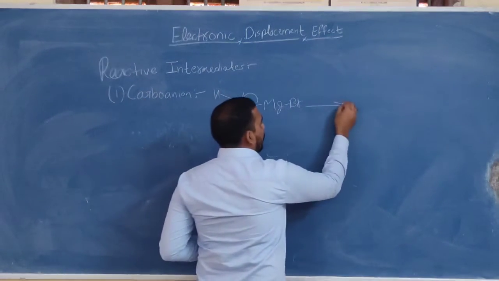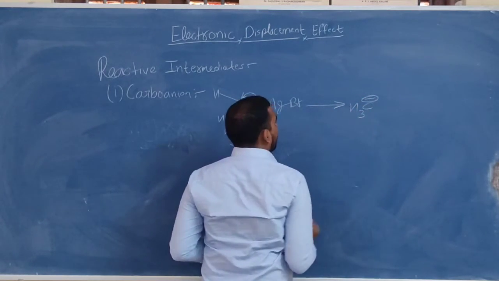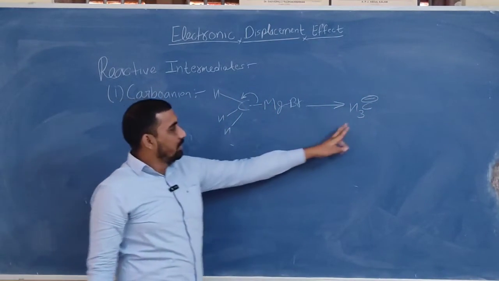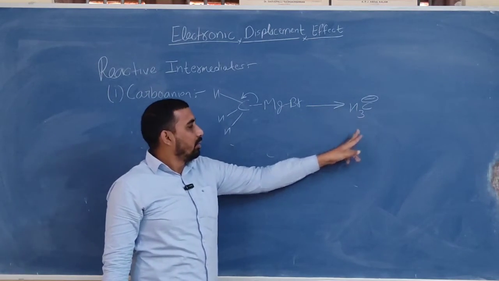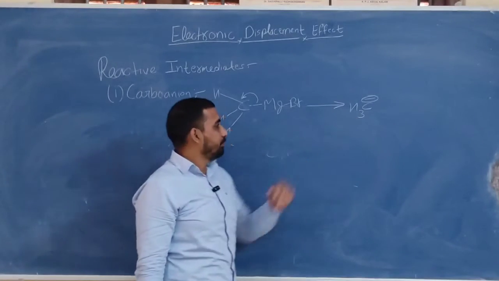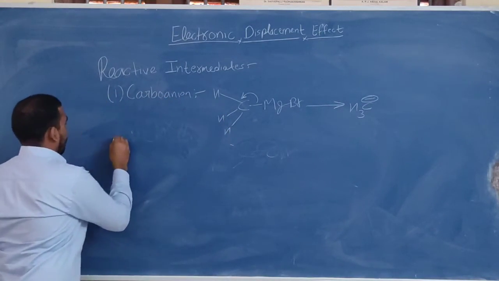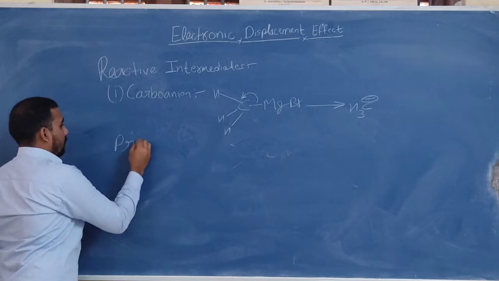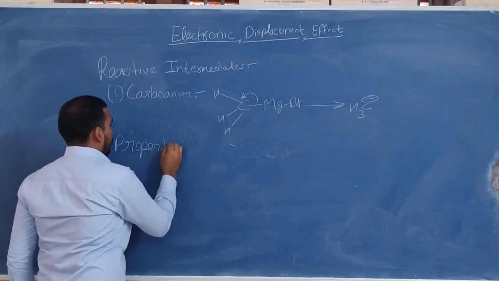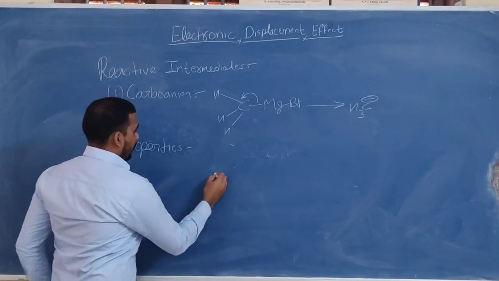Then what we will get is something like this, with a minus charge. This is the carbanion, the methyl carbanion. The negative charge is present on our carbon atom. Then what are the properties of this carbanion? The structure of the carbanion is like this.